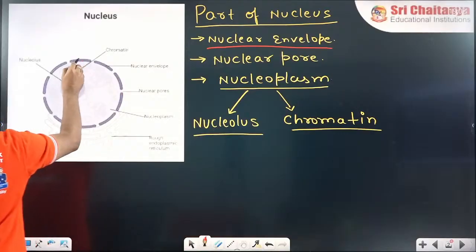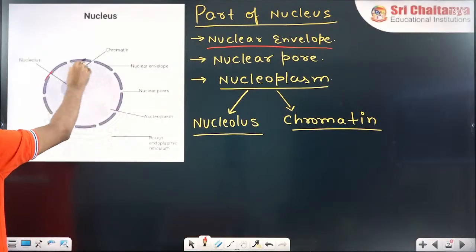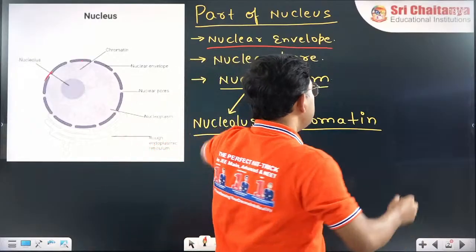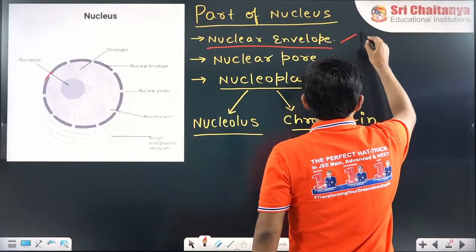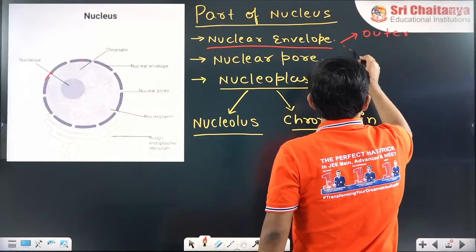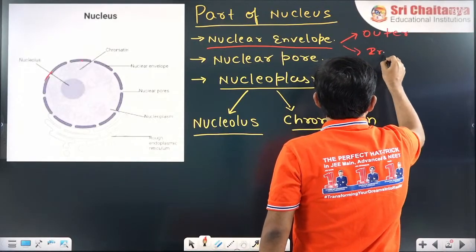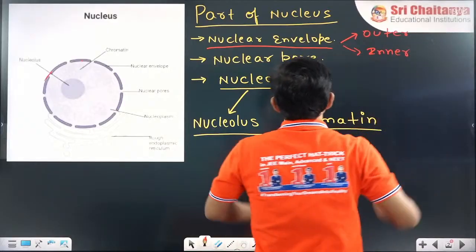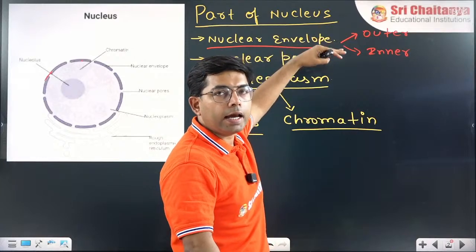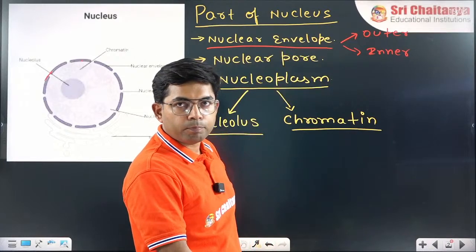This nuclear envelope is double layered. It has an outer layer and an inner layer, so the nuclear envelope has an outer membrane and an inner membrane.